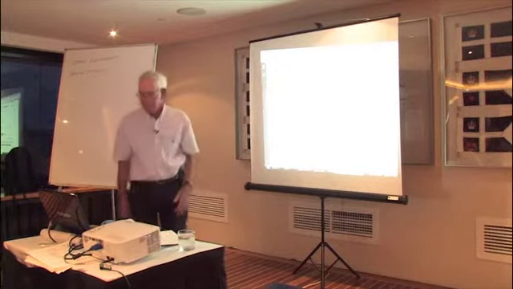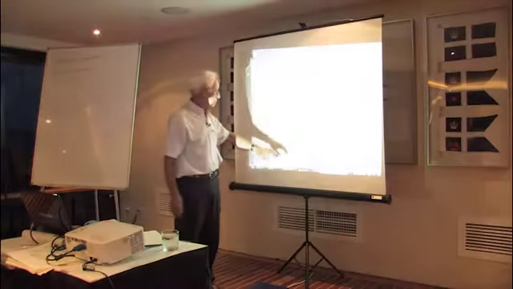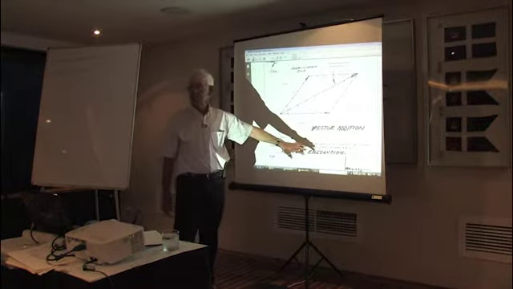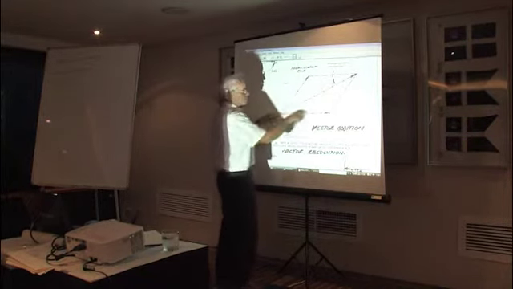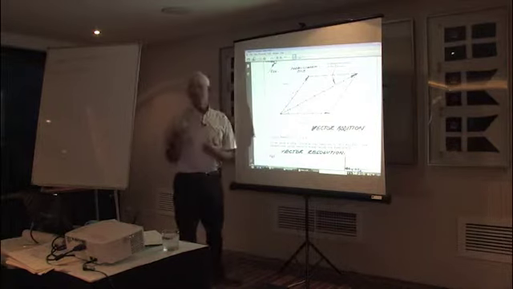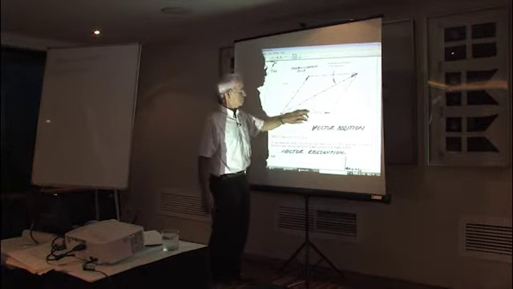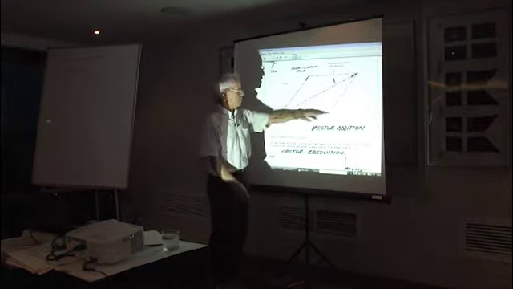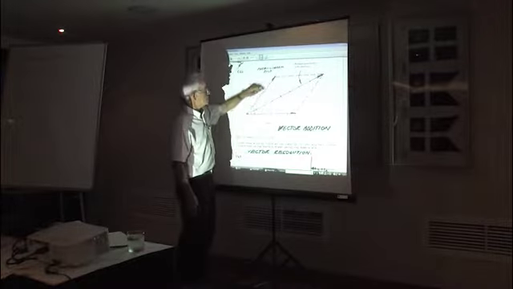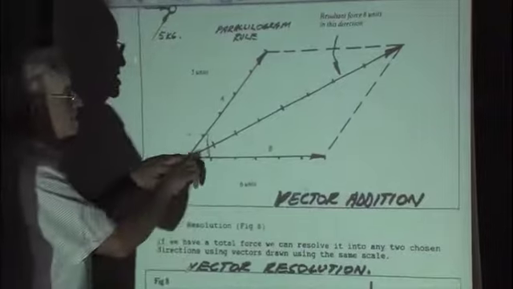You guys are all switched on to vectors, vector addition, and vector resolution. If you get two forces, a vector shows the magnitude and direction of the force. That's the first thing. So this is 1, 2, 3, 4, 5, 6 kilos or something, force in that direction. And there's somebody else here, same scale, 1, 2, 3, 4, 5, 6 in this direction.